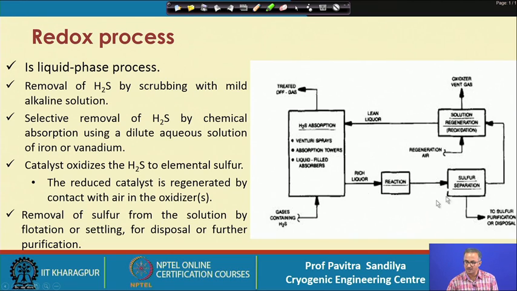So, that is how we are carrying out this redox process. So, here we find that the H2S containing gas comes in, and after removal of H2S, this is the treated off gas which is now meeting the environmental regulation quality.